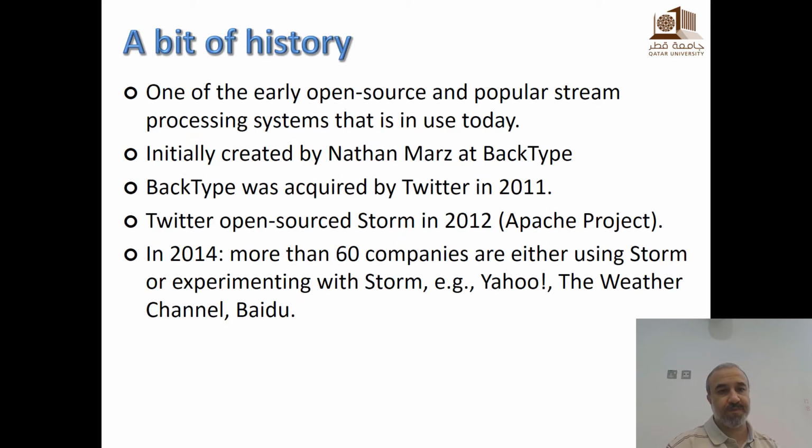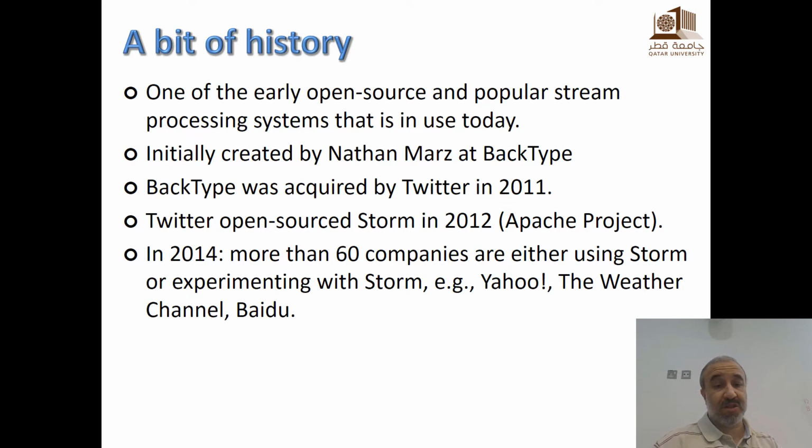As I said, actually, Storm started in 2011, not even 12, by a company called Backtype, and even before 2011, and it was acquired by Twitter in 2011, and it became an open source Apache project in 2012.